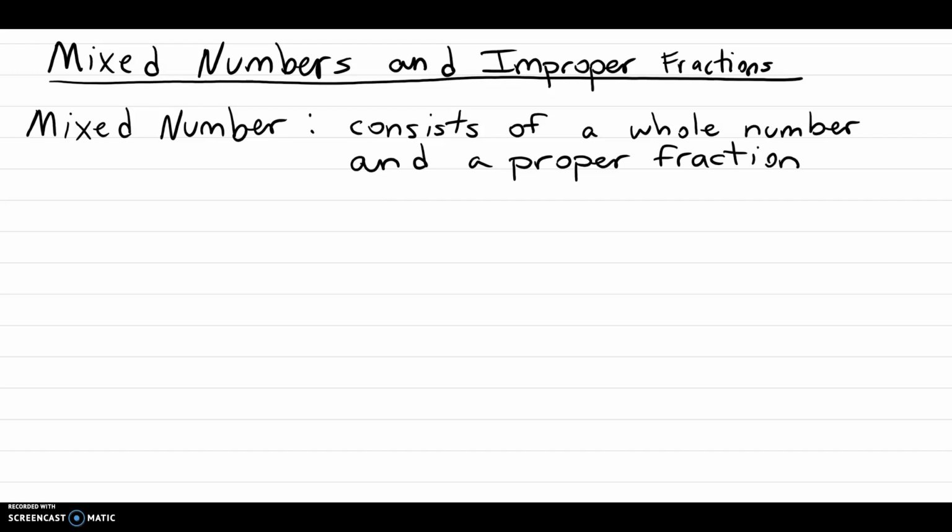Some examples of a mixed number would be 4 1/2, or 1 3/8, or 10 1/5. So the mixed number consists of the whole number written with the proper fraction.